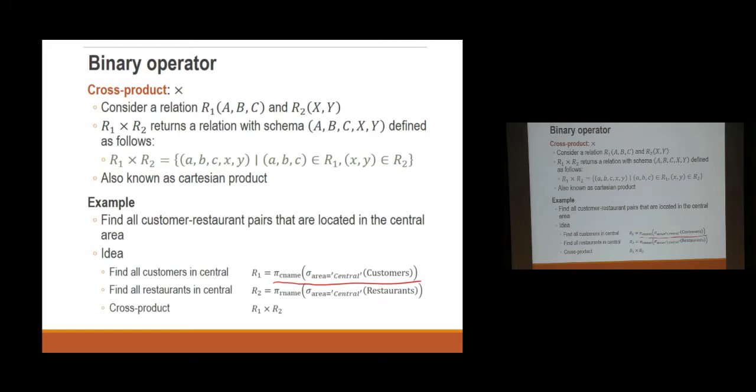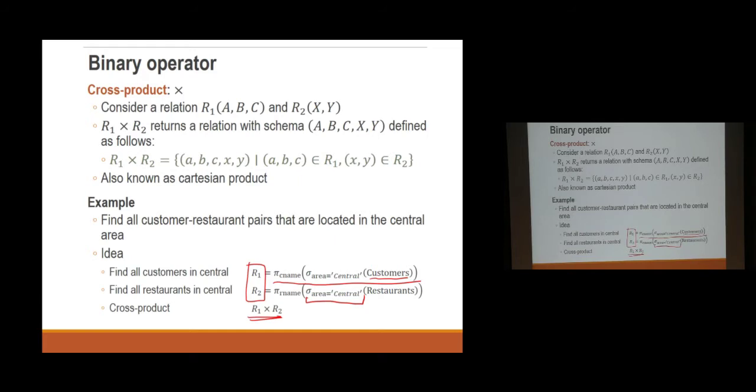We do a selection such that the area is within central, and we get that from the customer table. And then we do a projection such that the area is removed, so that we don't have a duplicate column. To find all the restaurants in central, again we can do selection. Right? So once you have that, you have these two relations. You just do a cross product on it.